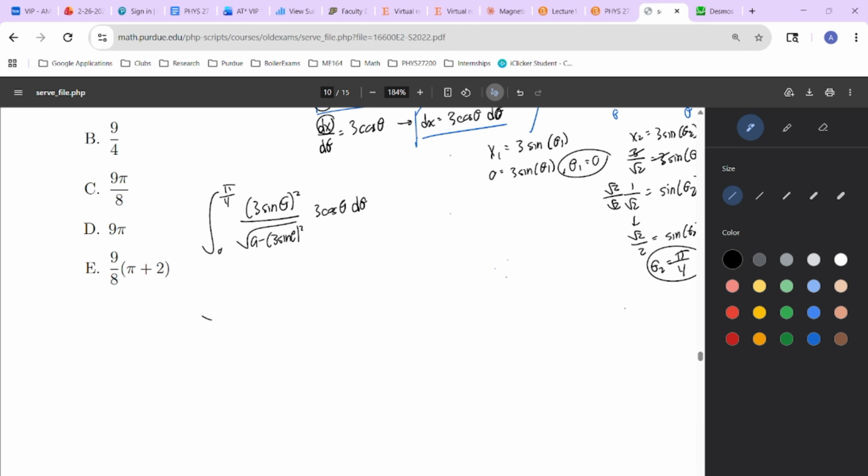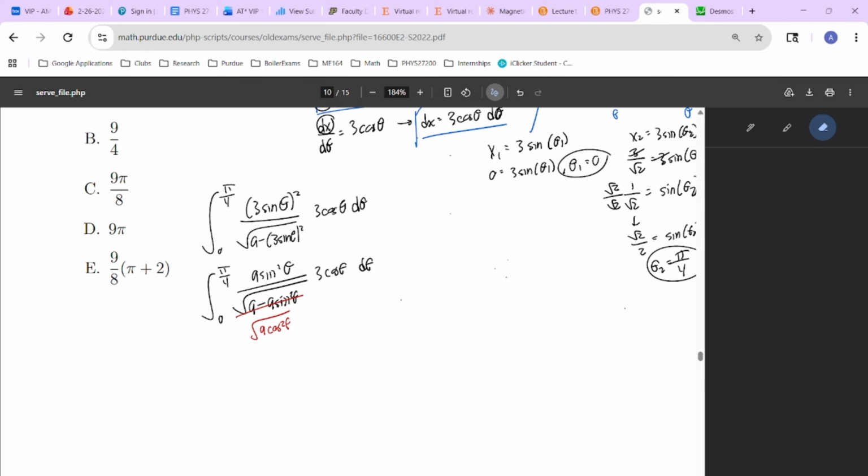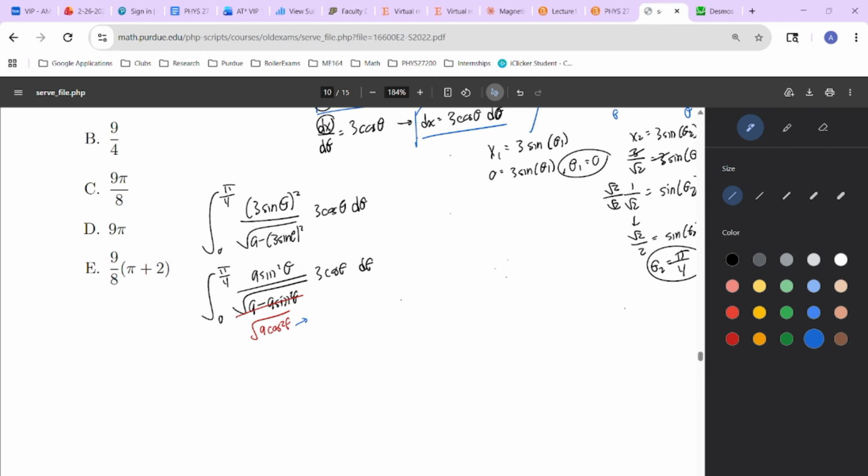We're going to expand out the integral. 0 to pi over 4 of 9 sine squared theta over the square root of 9 minus 9 sine squared theta, and then that would be multiplied by 3 cosine of theta, finally d theta. This turns into 9 cosine squared theta under the square root, that eventually turns into 3 cosine of theta on the denominator.